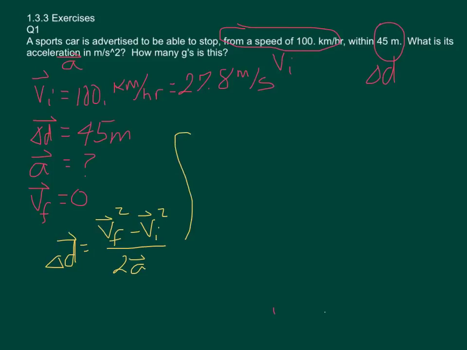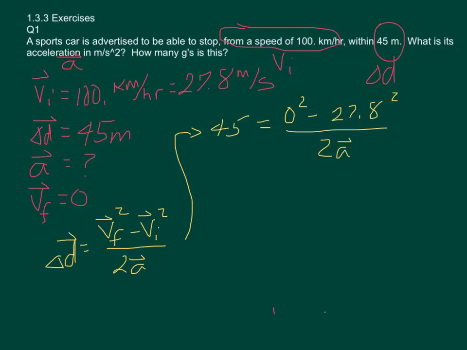Now I just plug in the numbers. So we know D, it's 45 meters. So already we know we're going to have to do some algebra to solve for the acceleration. VF squared, which is just 0 squared, minus 27.8 squared, all over 2A.